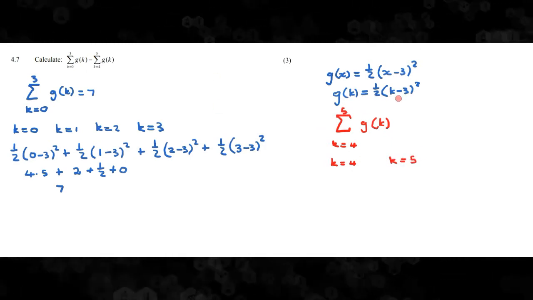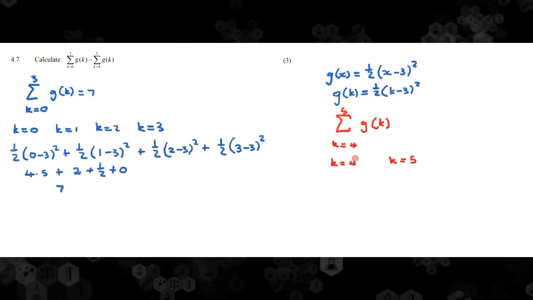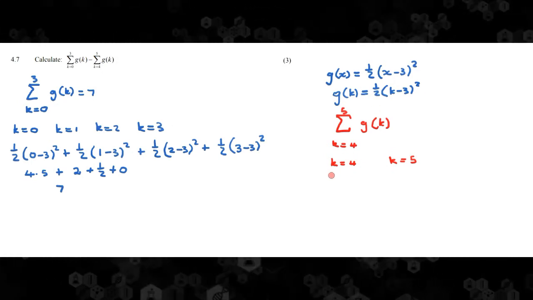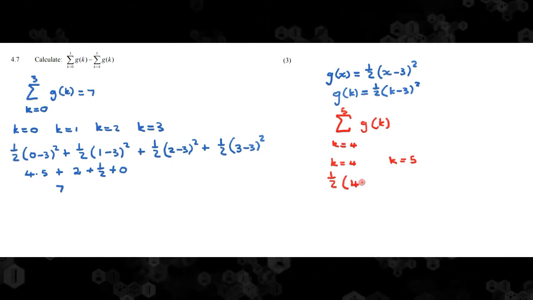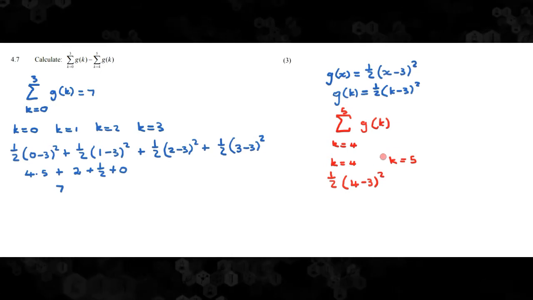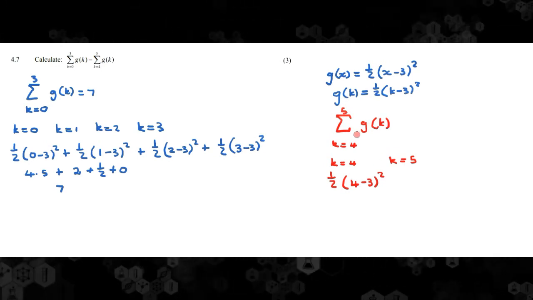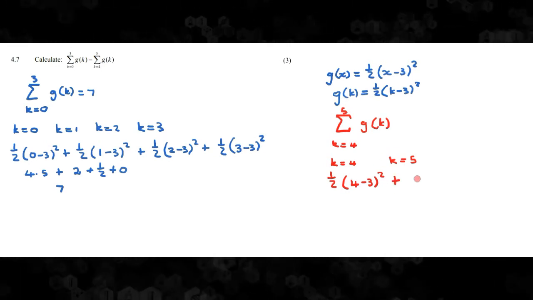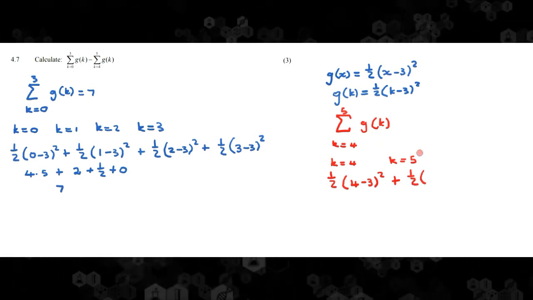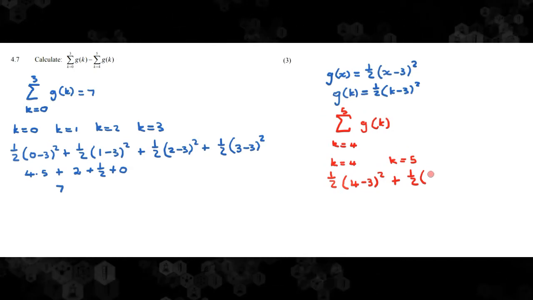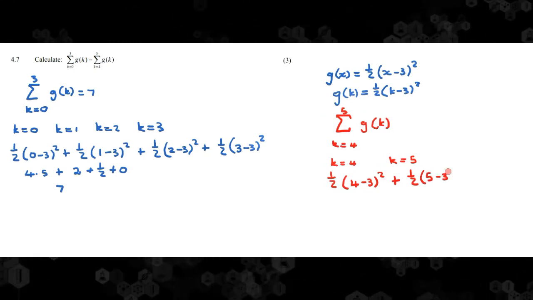Where we see k in our equation, I'm going to substitute 4. Now here we have 1 over 2, open brackets, 4 minus 3 squared. Remember, we're dealing with a sum here, so we must put a plus. So we have 1 over 2, open brackets, and this time we must substitute 5. So we have 5 minus 3, squared.